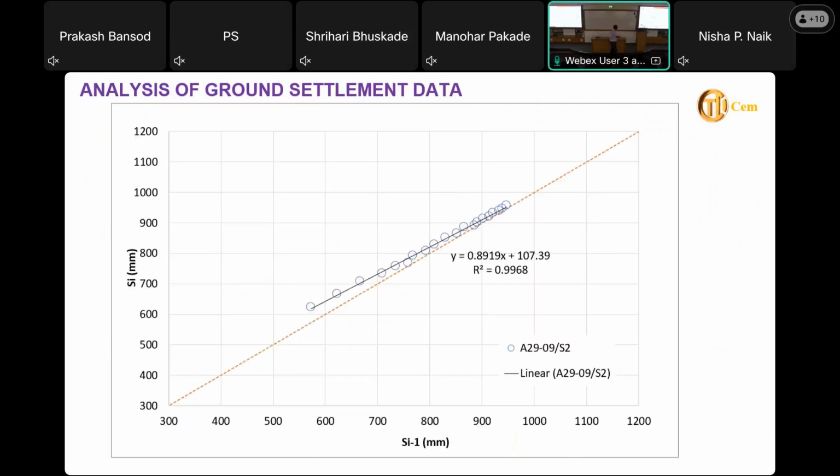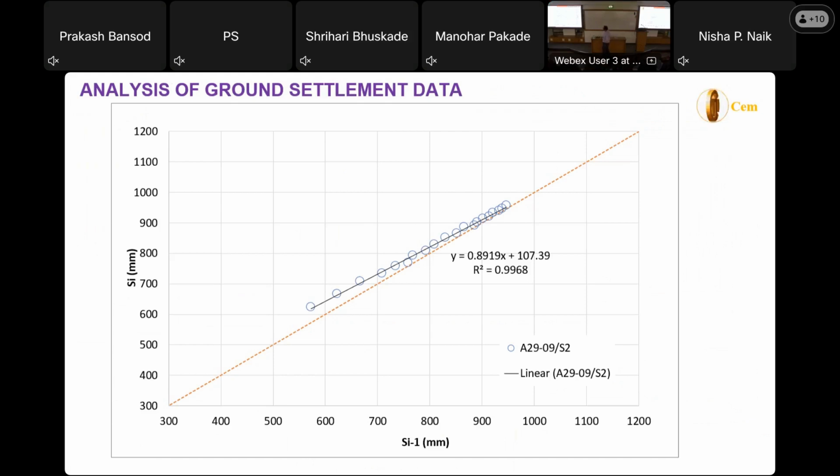This is a method very commonly used in the entire industry. This is the Asaoka method, which is an observational method. It predicts the total settlement. You can understand the degree of consolidation, because once you know the total settlement and today's settlement, if you divide it, you get the degree of consolidation. That's very simple.